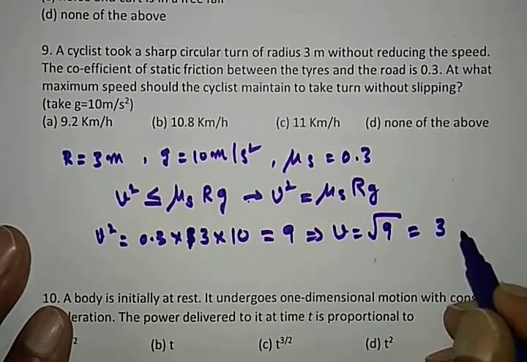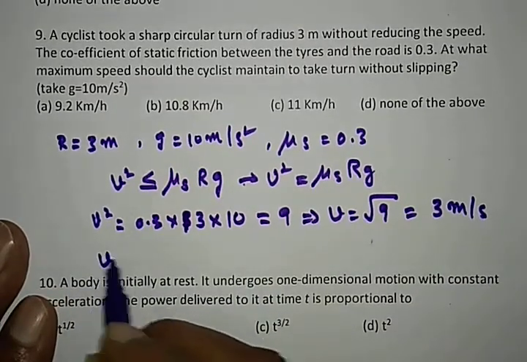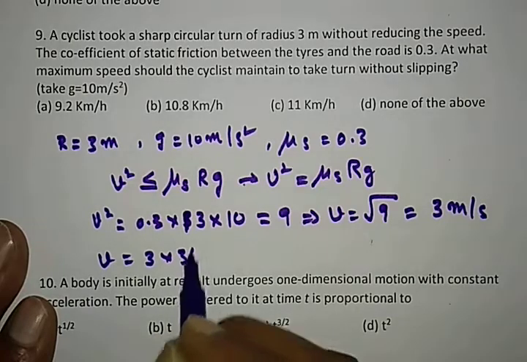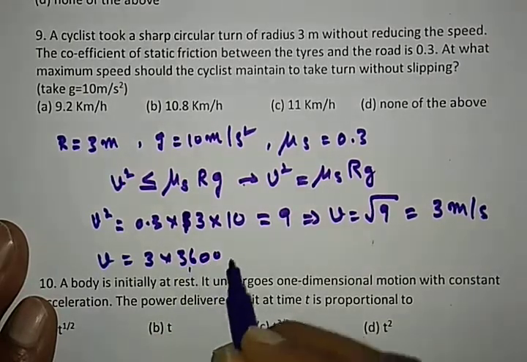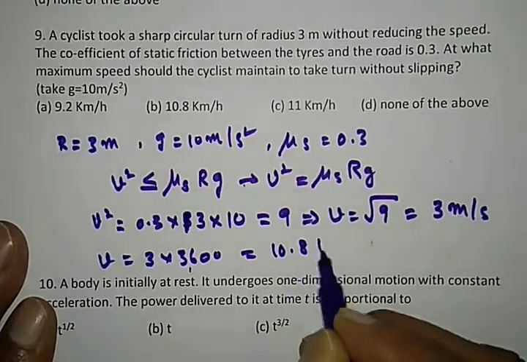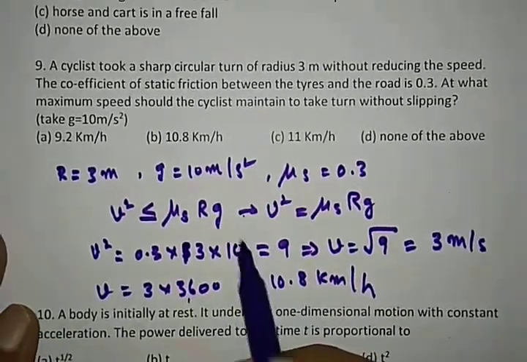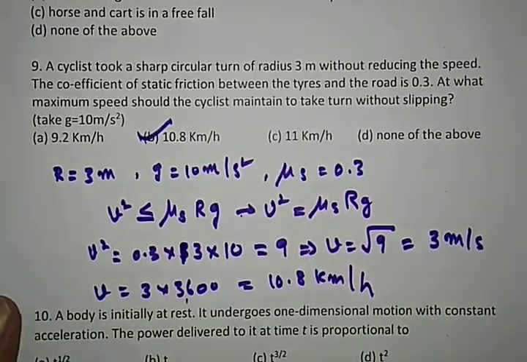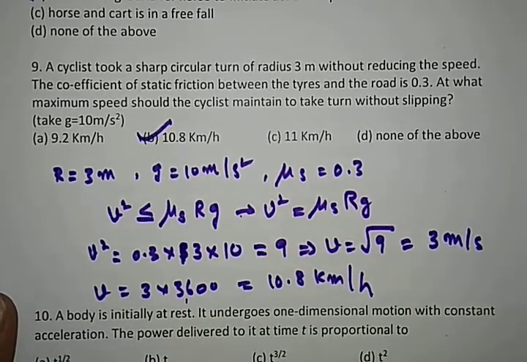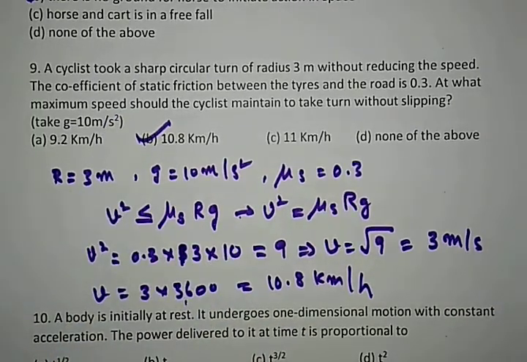It is 3 meters per second. In kilometers per hour, 3 into 3600 over 1000, so it will give you 10.8 kilometers per hour. Okay, so B is the correct answer. So for maximum speed, we have to take equal to.